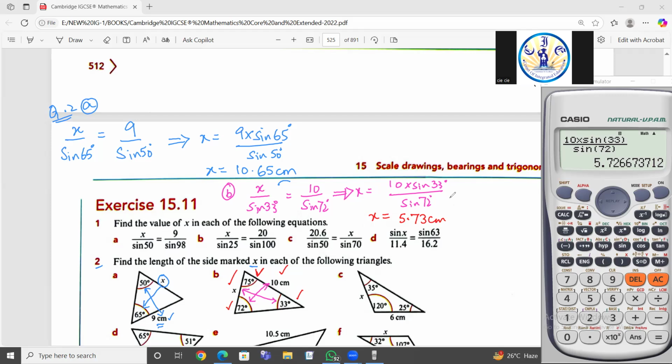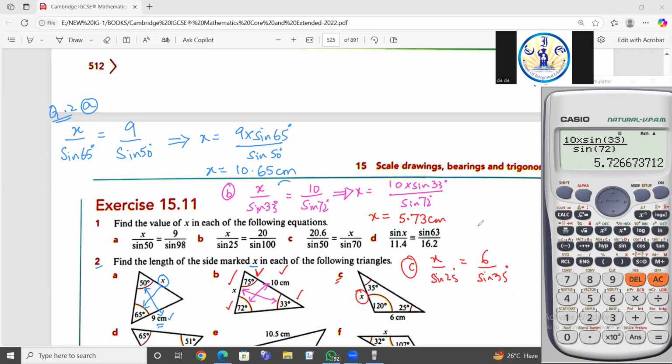And in the same way, we can calculate part C and the value of x by writing x divided by sine 25 degrees is equal to 6 divided by sine of 35 degrees.